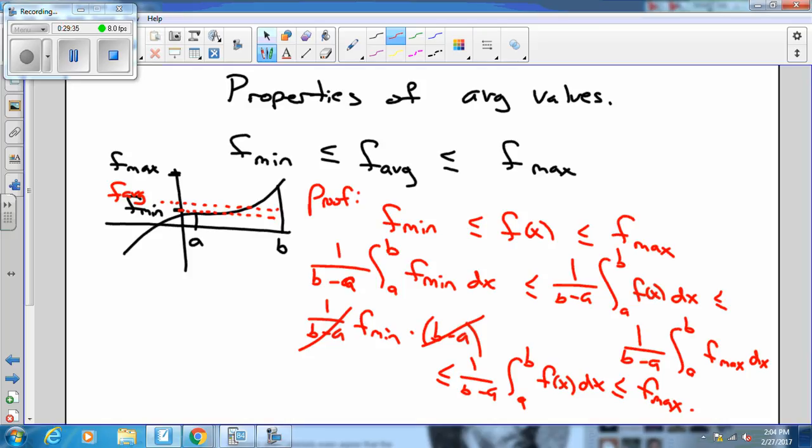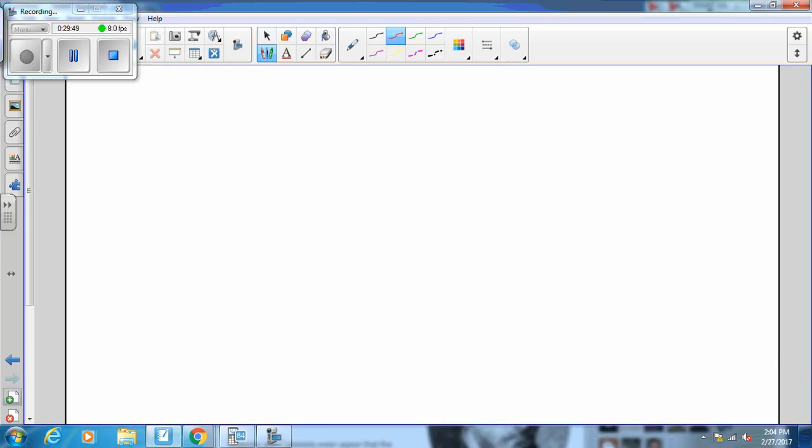The second one is more profound. Does a function ever hit its average value? Can we be guaranteed that a function hits its average value? If it's continuous. Very good. That's exactly right. That's the condition that we need. So this is called the average value theorem.